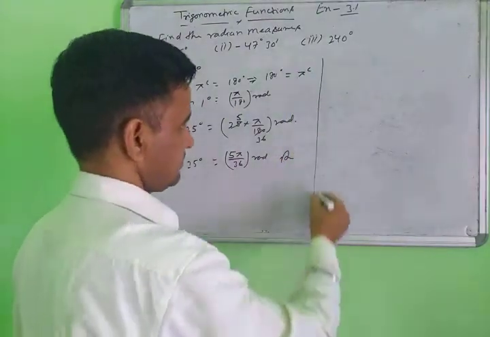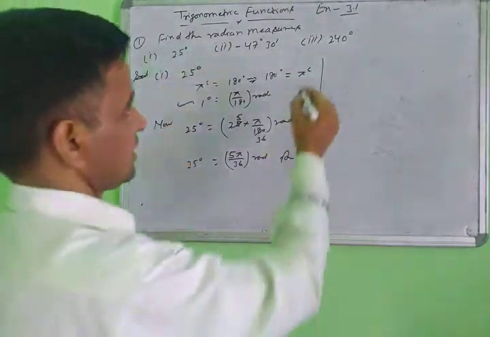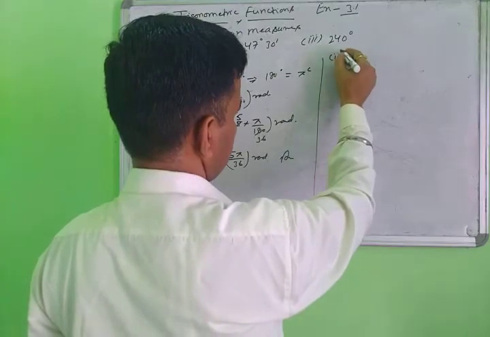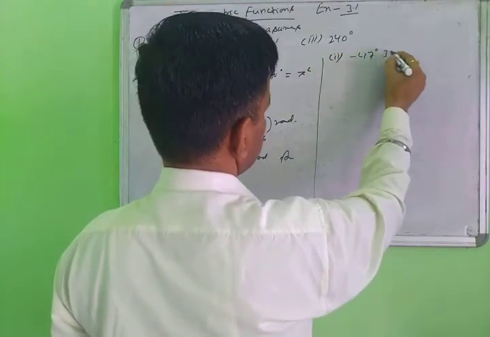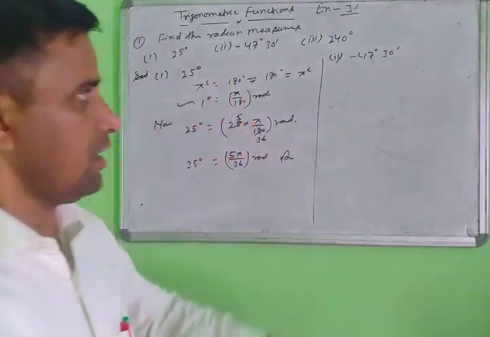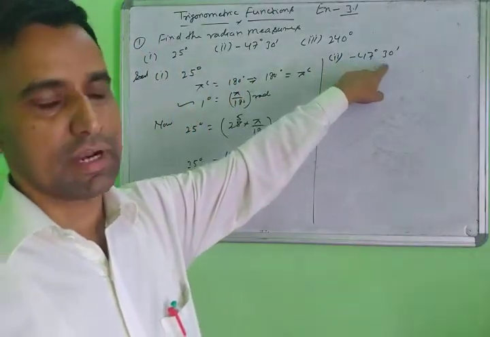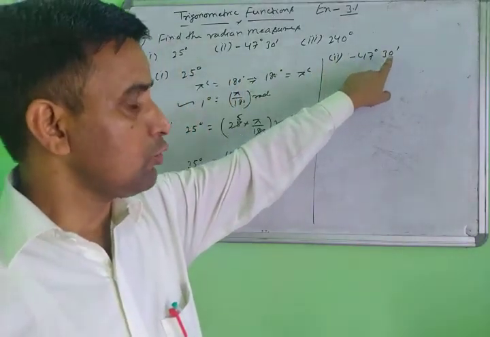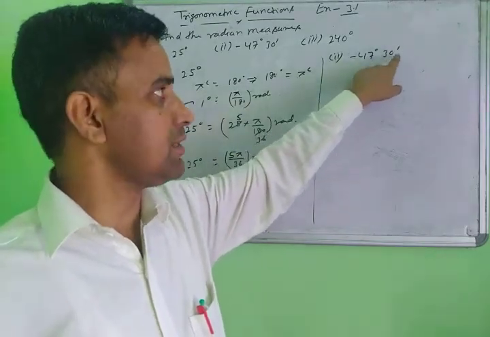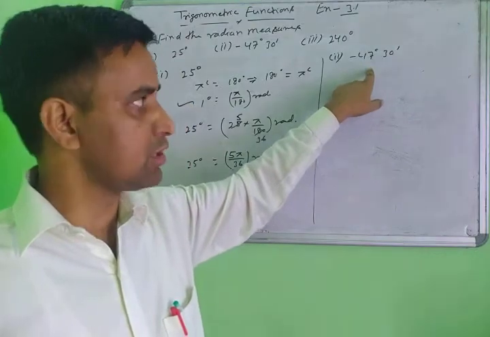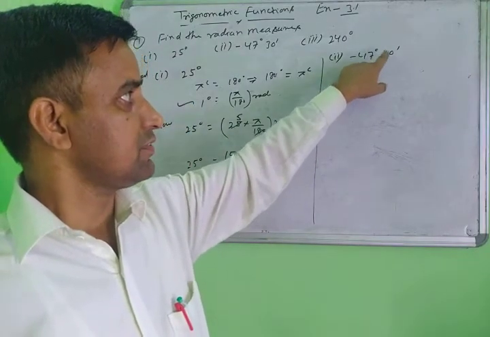Second part. This is your second part: minus 47 degrees 30 minutes. Here is the minus sign, degree and minute. First of all, you will always convert any minutes and seconds into degrees.